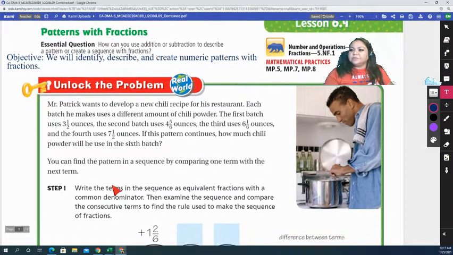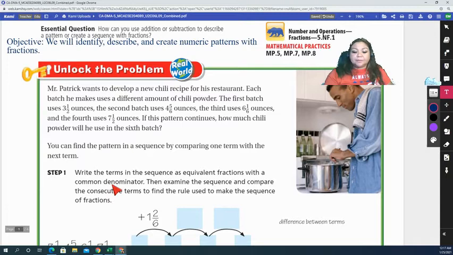Look for patterns. So a pattern, what is a pattern? So we can say that a pattern is a repeated way of things happening.